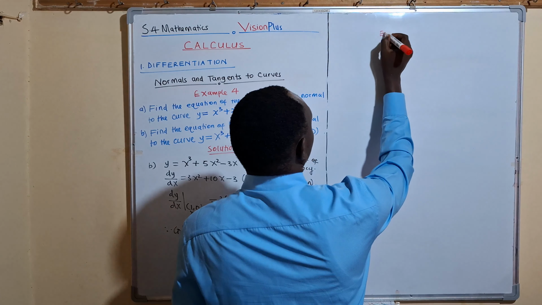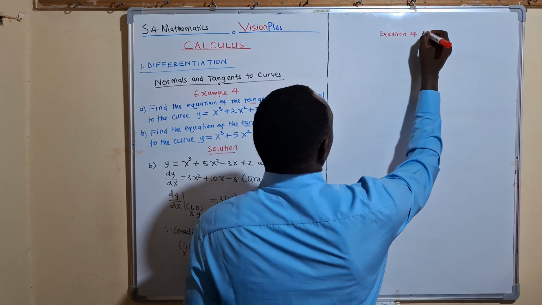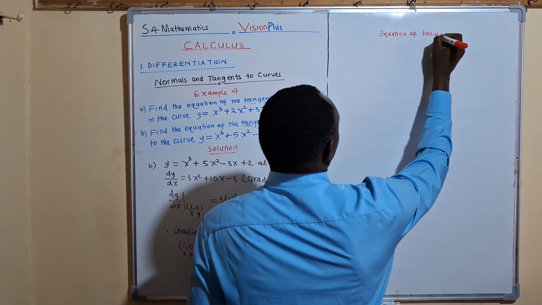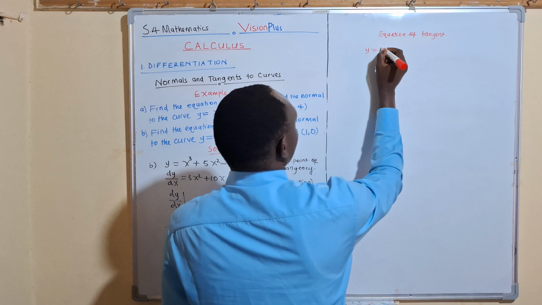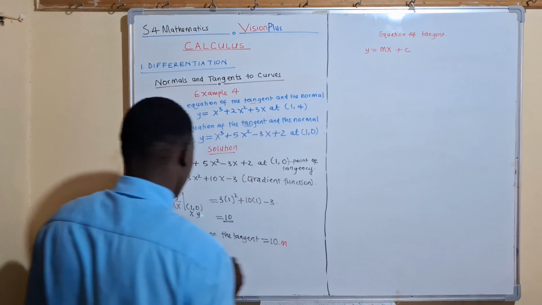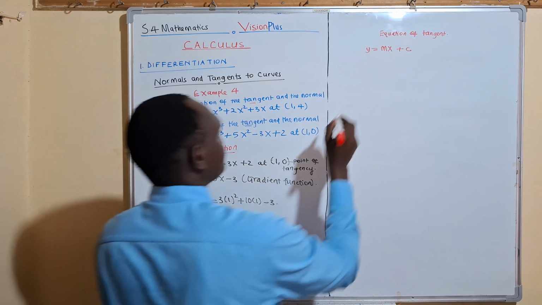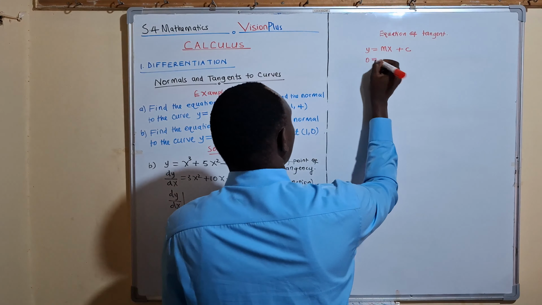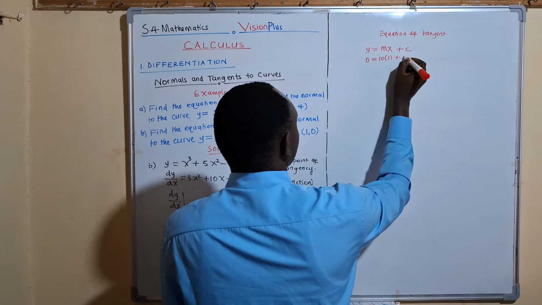So the equation of the tangent is a line, so it becomes y equals mx plus c. This is m, x and y are here. So y is 0, m is 10, x is 1, plus c.